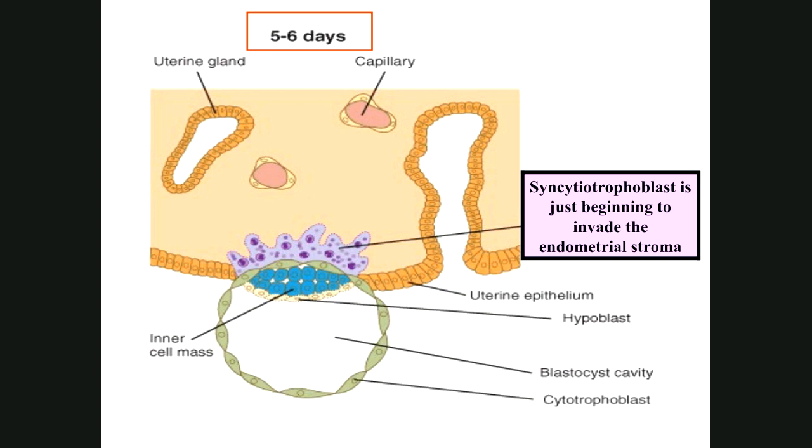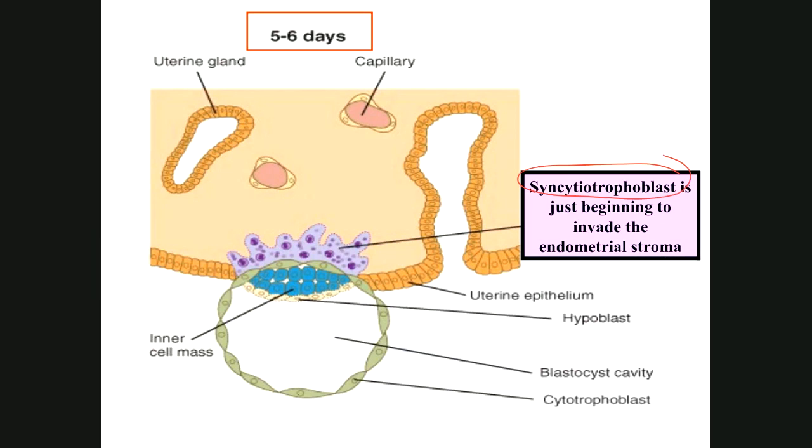So as you can see in this diagram, as I told you a while ago, as early as 5 to 6 days, despite the end of the second week, there is almost a connection, and the uteroplacental circulation has started to develop. You can see here by the end of the 5th and 6th day, the syncytial trophoblast, which is a layer of the trophoblast, starts burrowing into the uterus.